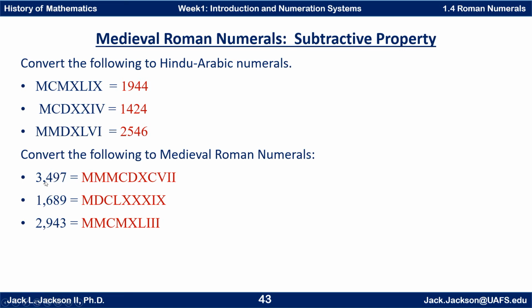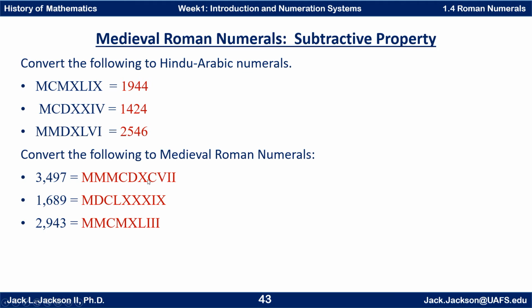so let's look at this one here. We can start either left to right or right to left. 3,000 is 3 M's. 400, remember if it's a 4 or 9, we're going to use the subtractive property. So the 4 should be a 500 minus a 100, so that's going to be a C, then a D. The 90 is going to be a 100 minus 10.